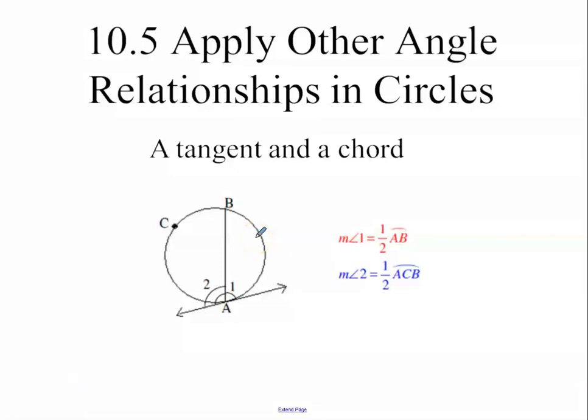This is actually very similar to an inscribed angle in the fact that with both an inscribed angle and these angles where it's a tangent and a chord, you've got the vertex on the circle. Now, this is not considered an inscribed angle because, if you remember from last week, as well as what I just quickly reviewed, the vertex is on the circle, but the two sides are not chords.